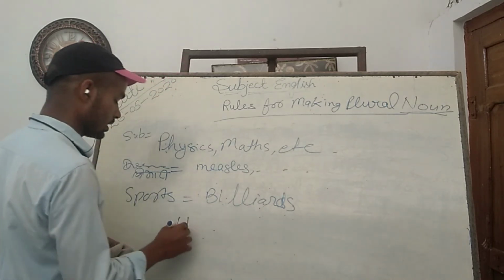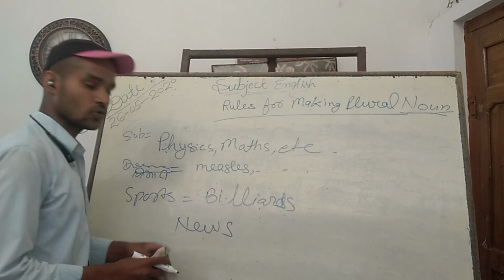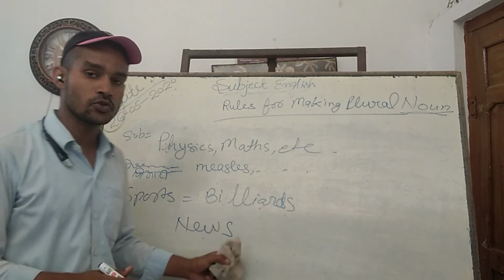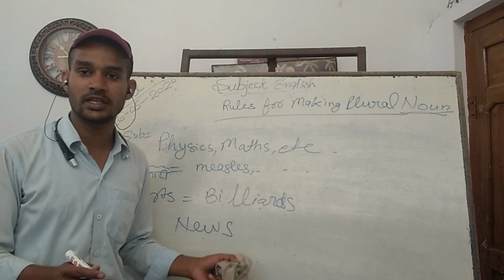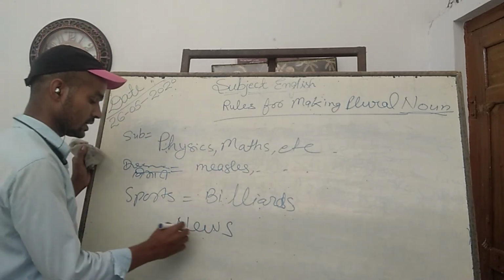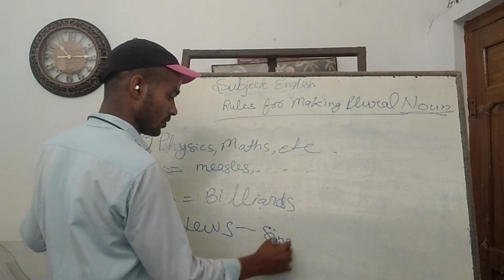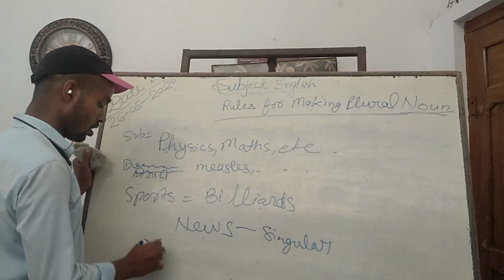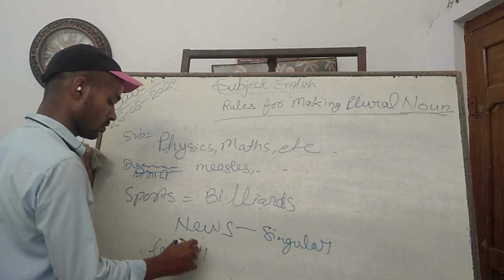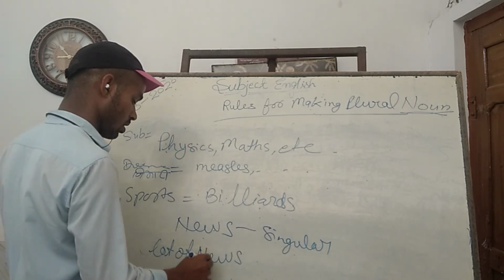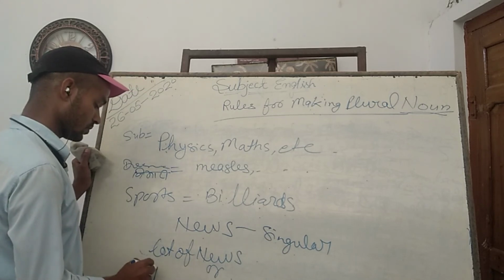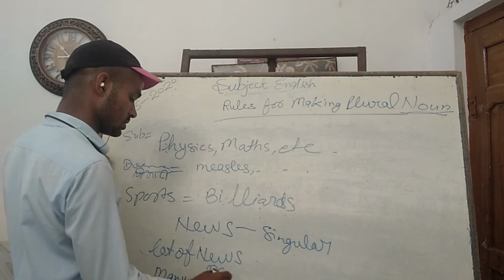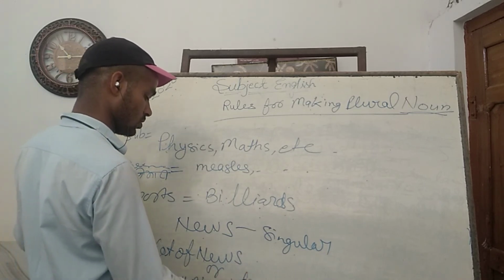And again, news is also singular in sense but seems like plural. If we want to make plural of these, then news is singular, but if we want plural, then we can say a lot of news, or in the same way, many pieces of news.